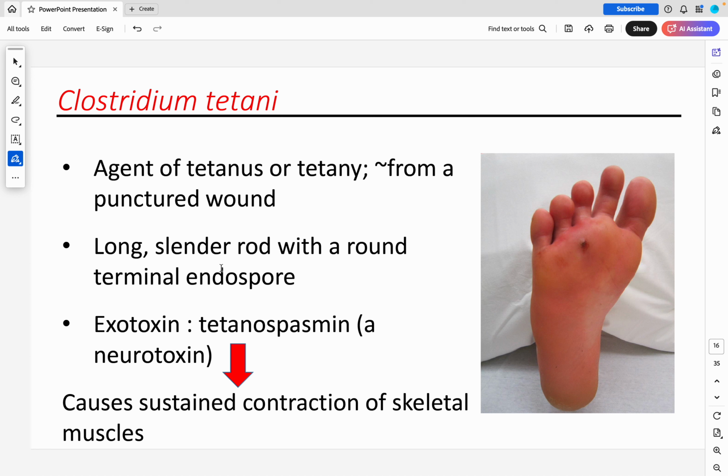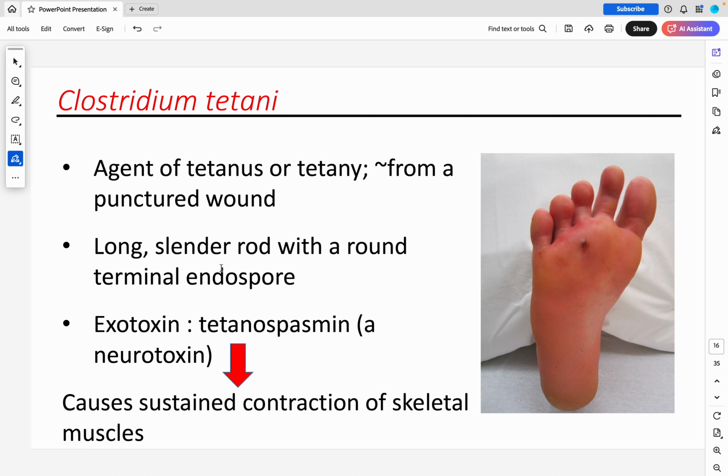Then we also have another species of Clostridia, Clostridium tetani, which is the causative agent of tetanus. The common event allowing the introduction of the species to a human host is puncture wounds, especially on the foot area.